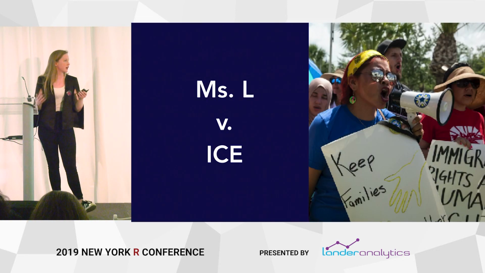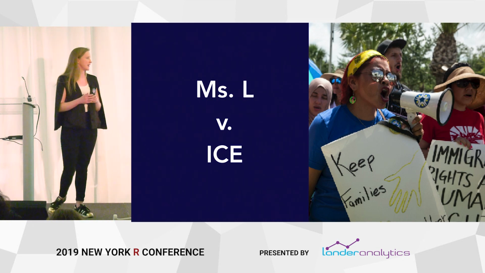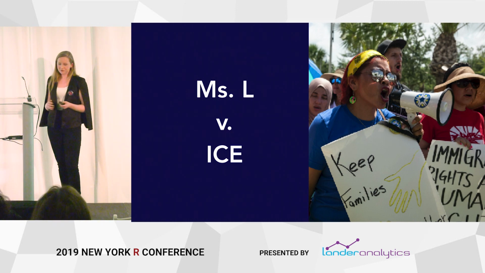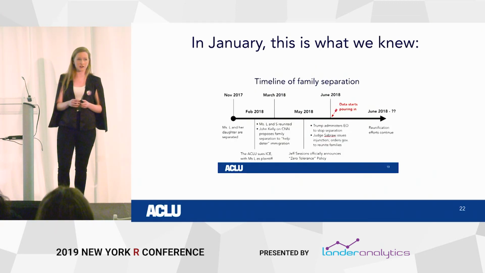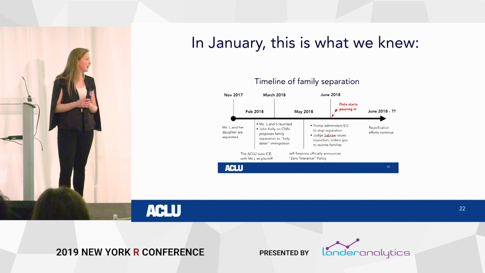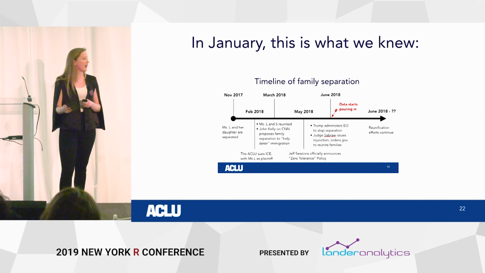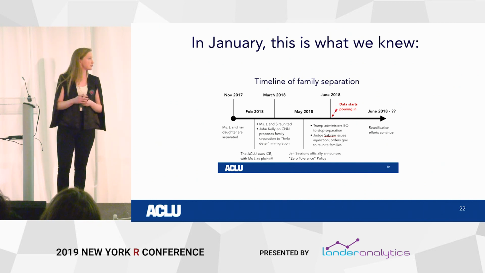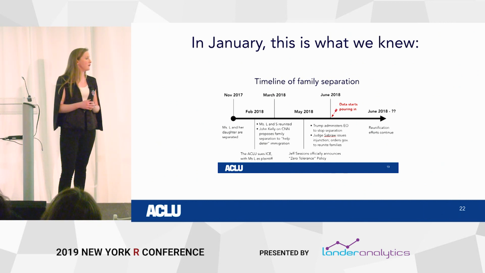And so finally, I want to talk about some progress that's being made in the Ms. L versus ICE case, which many of you may know as the family separation case. So I spoke about this in January at rstudio::conf, and this is what we knew. This is a slide I presented in January. We started litigating the case in February after learning that in November of 2017, an asylum seeker and her 6-year-old daughter were separated after being detained at the border.